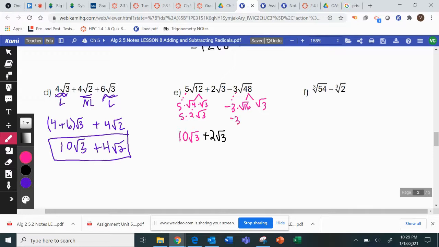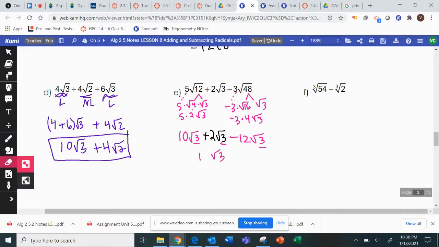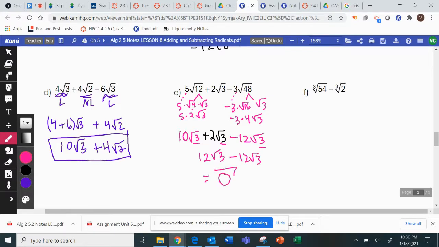So we've got minus 3 multiplied by 4 square root 3. So we've got minus 12 square root 3. Now we have the like terms for each of these. To add these together, I get 10 square root, no I don't. I get 12 square root 3 minus 12 square root 3. Looks like my answer is 0.